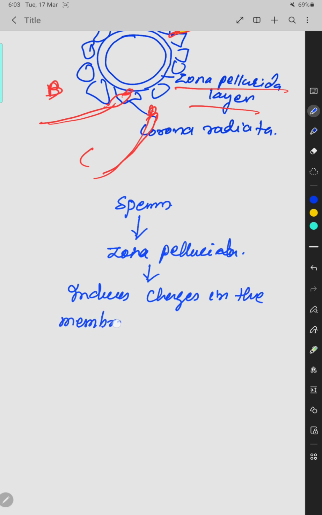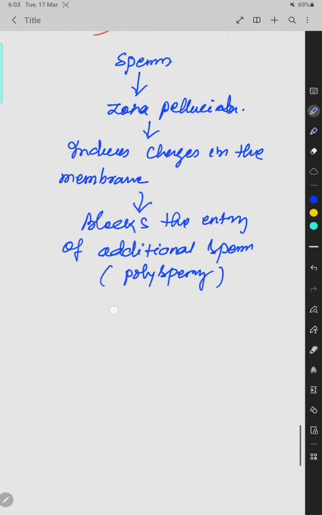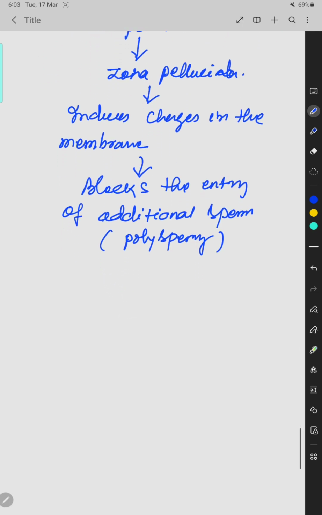Which membrane? The zona pellucida and the egg membrane, and it blocks the entry of additional sperm, or you can say polyspermy. It prevents polyspermy.